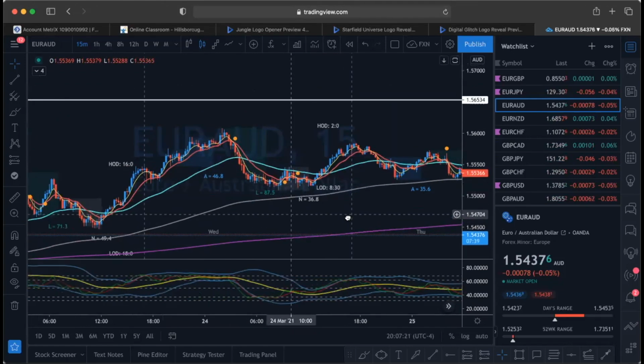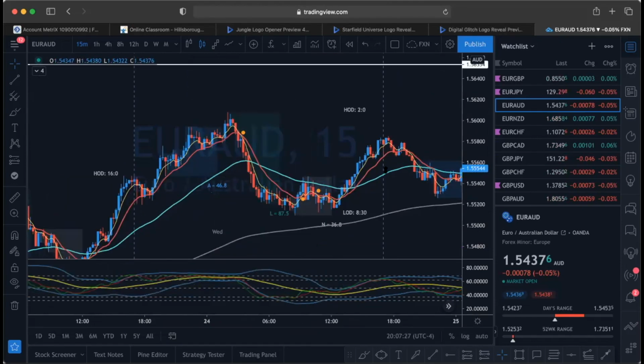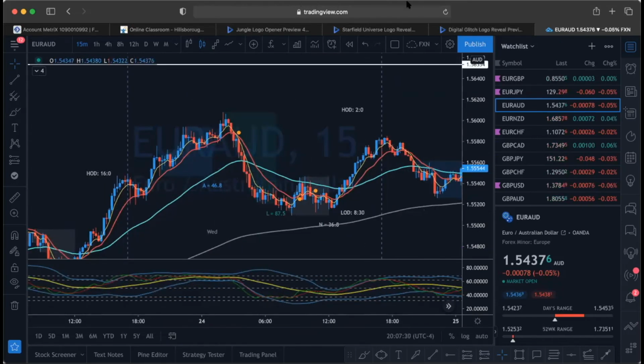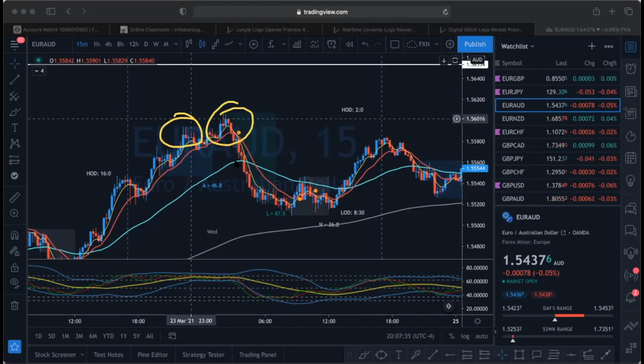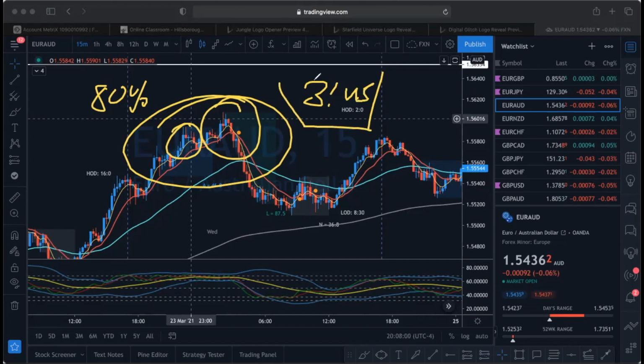So you could have a first leg, like this one here, for example, where you have a first leg in the Asian session right here, and then a second leg in the London session. Typically, I would say probably 80% of the time, when this happens, you're going to have the first leg in Asia, second leg is going to be in London, typically by 3:45 in the morning, Eastern Standard Time.